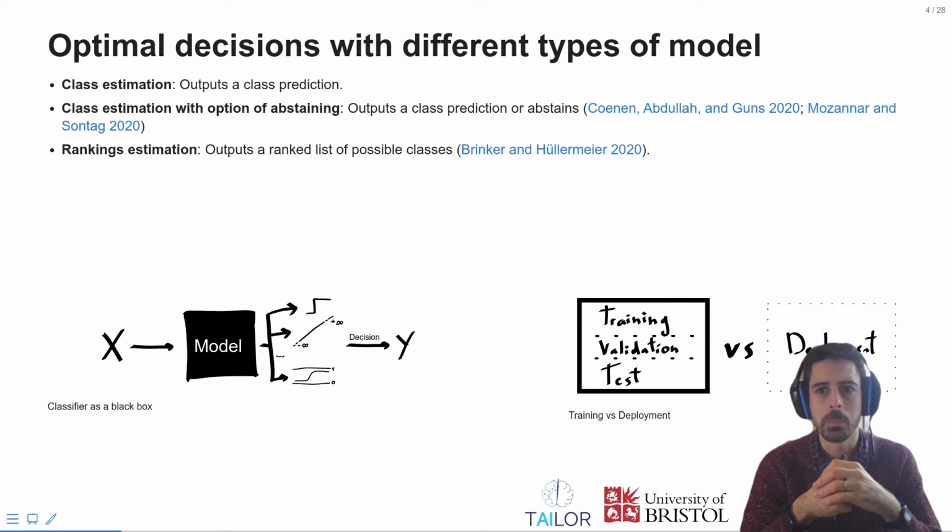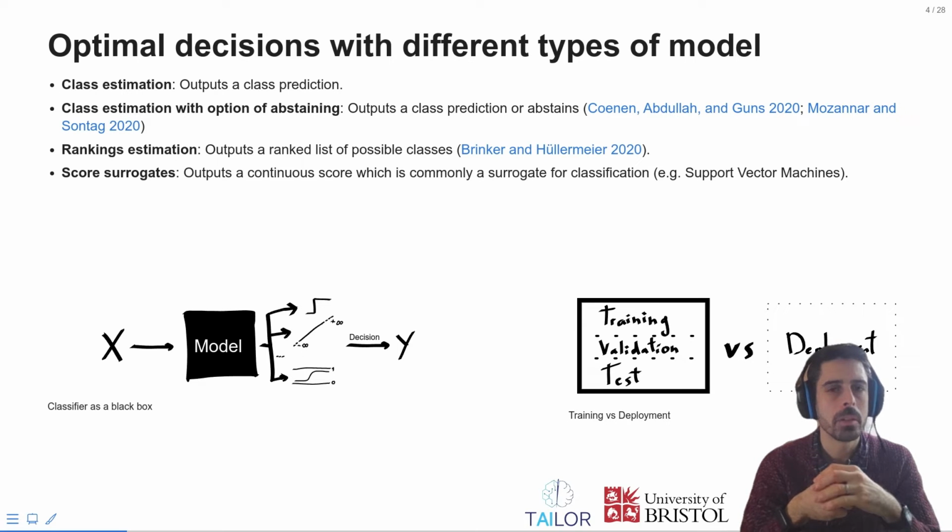Then during deployment, they will make optimal decisions if they were trained that way, or they will try to make optimal decisions if the context doesn't change. Basically, there are no changes on the costs, or there are no changes on the class priors.